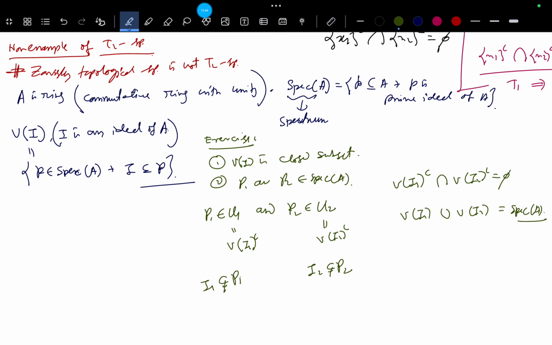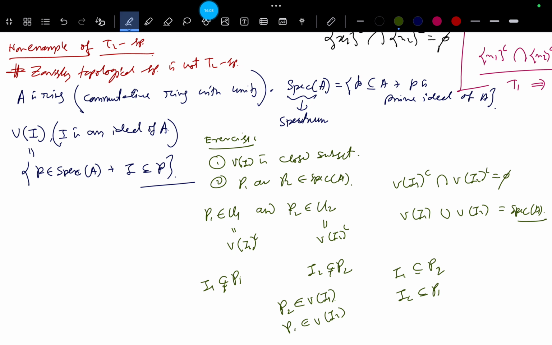So P2 belongs to V of I1 and P1 belongs to V of I2. So I1 has to be inside P2 and I2 has to be inside P1.